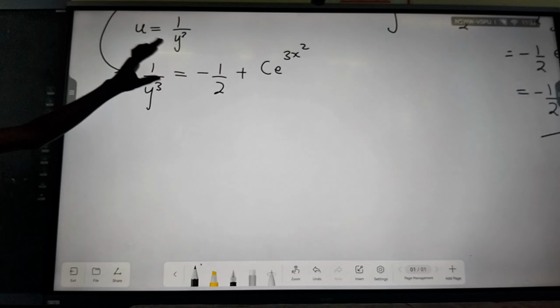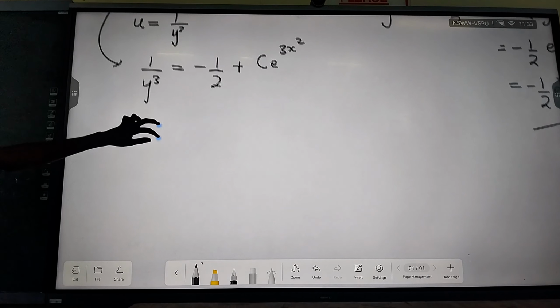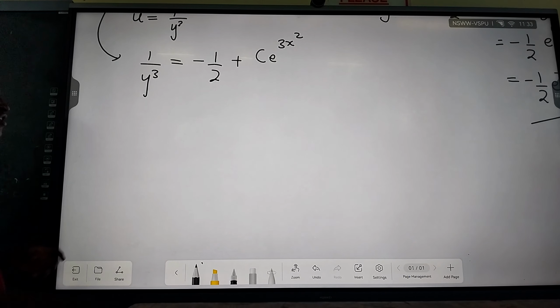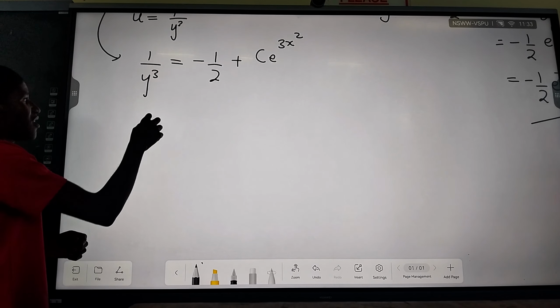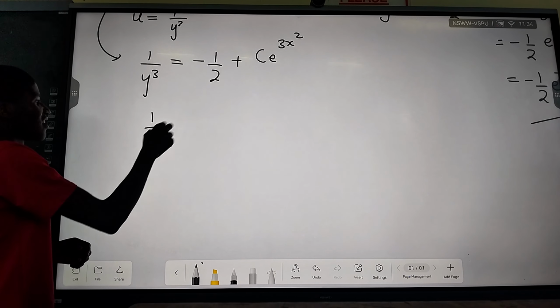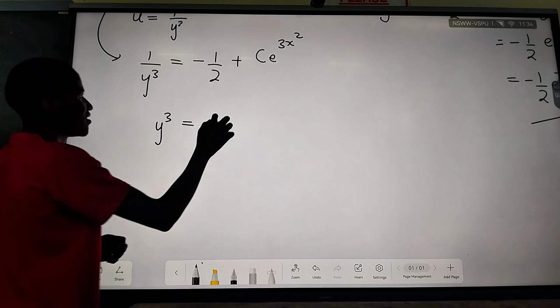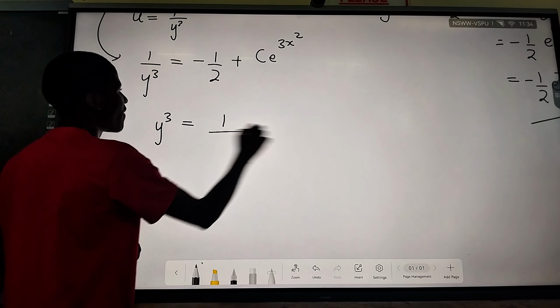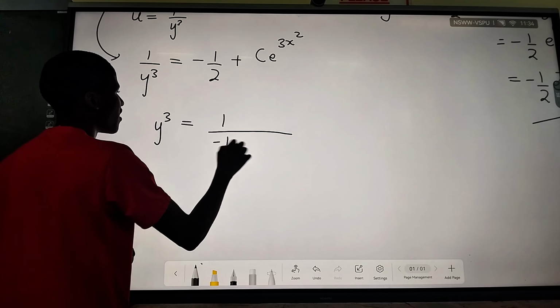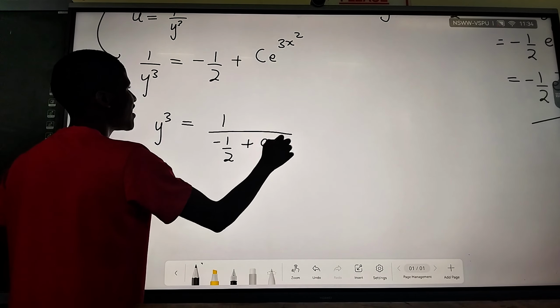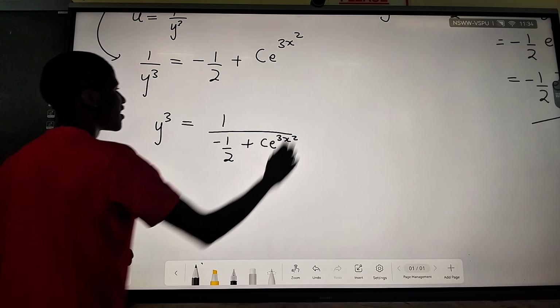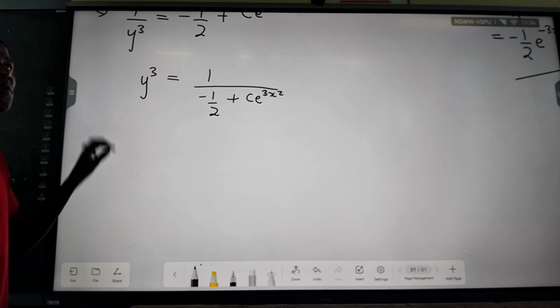How can you find the y again now in the method? 1 over y cubed is equals to 1 over minus 1 over 2 plus c e to the power 3x squared. And then here you find the cube root of that.